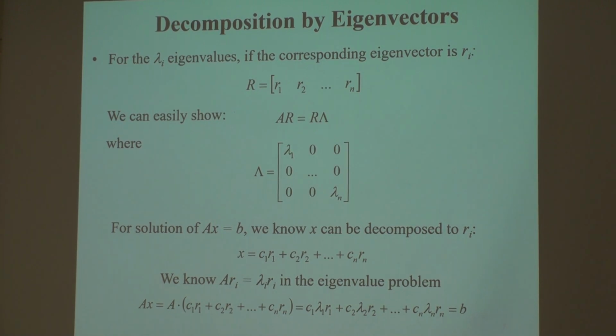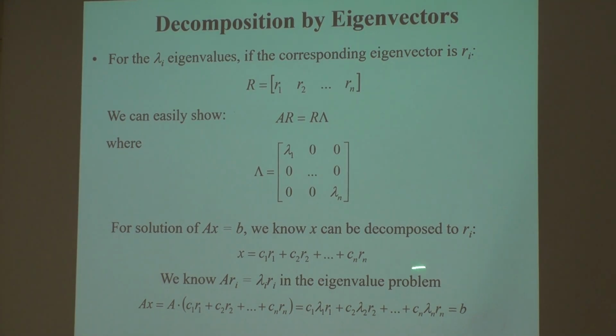Eigenvectors and eigenvalues are very useful in proving matrix properties, and I'll leave that proof to your other classes. It's commonly used, because if you know the eigenvalues and corresponding eigenvectors, you know everything about this matrix.